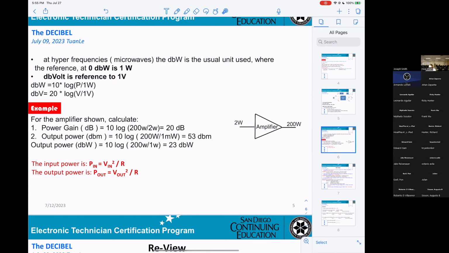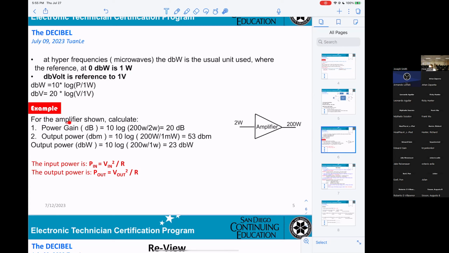Okay, so this is the formula given to you. dBW equals 10 times log of power divided by 1 watt, and dBV equals 20 times log of V over 1 volt. See what's going on?